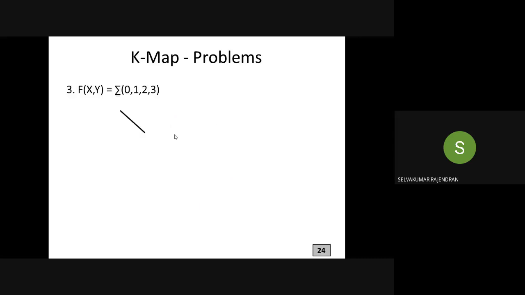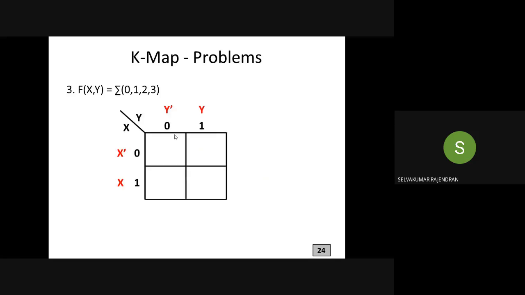This is the third example. Here also we have two variables, so 4 cells: 0, 1, 2, 3. The given minterms are 0, 1, 2 and 3. When you put the ones in the corresponding cells, all the cells have ones, so you can combine the maximum number of ones in the K-map.